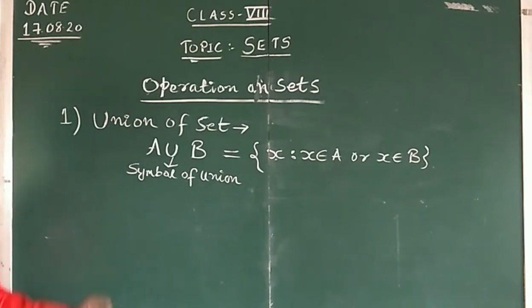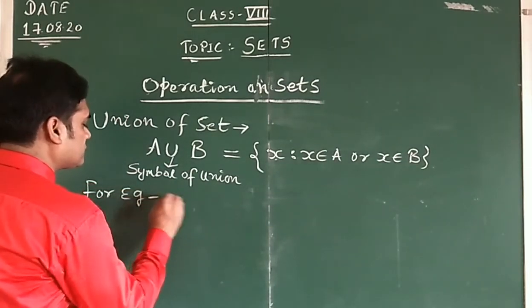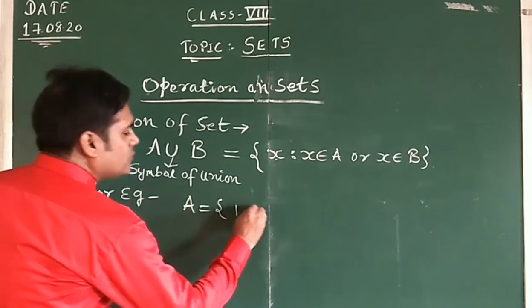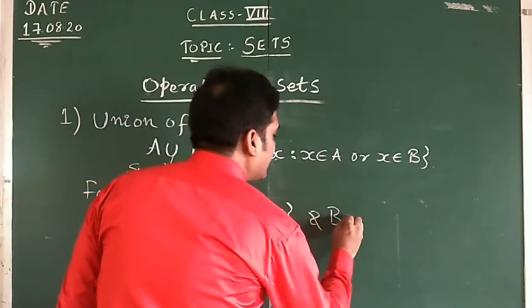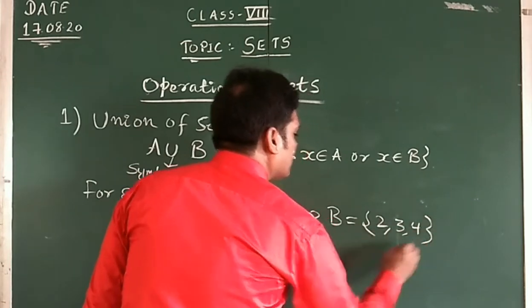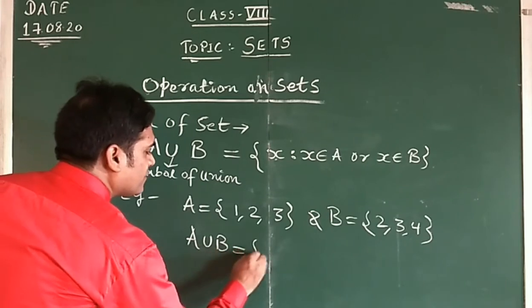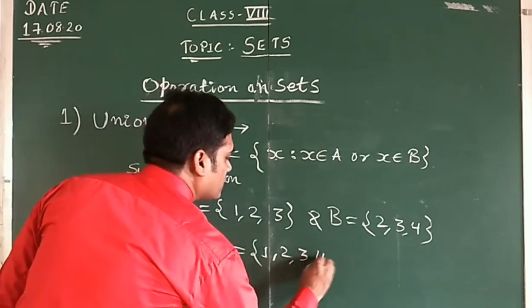I will give you one example so that it is clear to you. For example, if A is equal to 1, 2, 3 and B is equal to 2, 3, 4, then A union B is 1, 2, 3, 4.